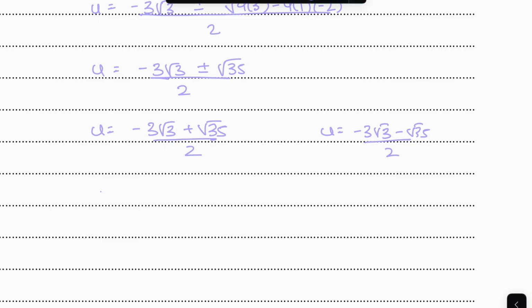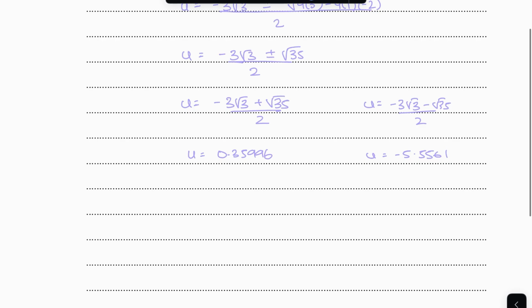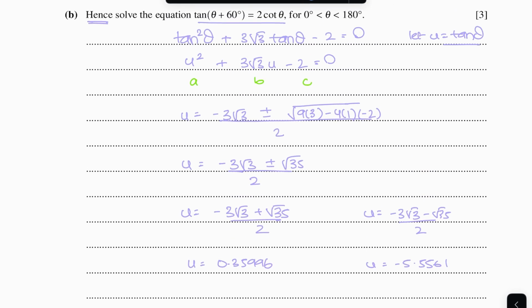In decimal form, this would be u is equal to 0.35996, or u is equal to minus 5.5561, which we will find by using a calculator. But remember that we let u be tan theta.